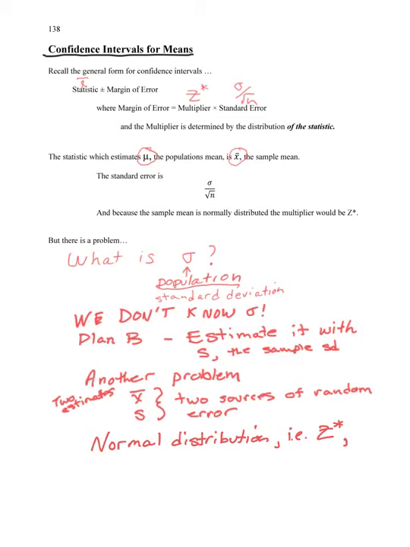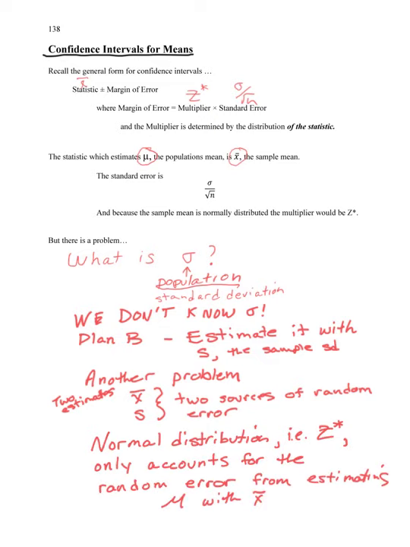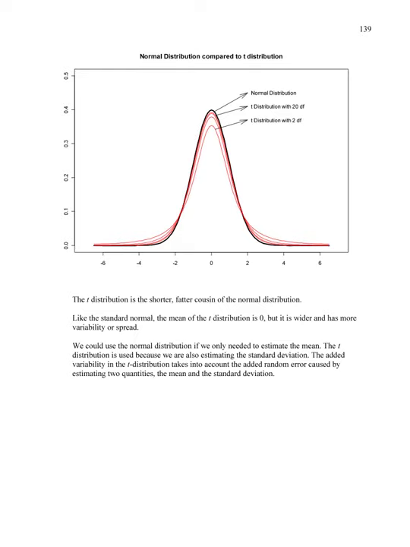The normal distribution, i.e. z star, as our multiplier of the standard error, only accounts for the random error from estimating mu, the population mean, with x bar, the sample mean. So if the normal distribution can't quite get it done, we're going to call on the cousin of the normal distribution, the t-distribution.